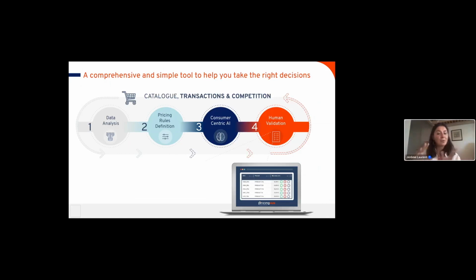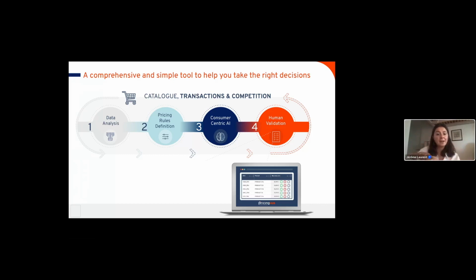So this is how Pricing Hub works. We've created a very comprehensive and simple tool to help you take the right decision. We use data from your catalog, transactions, and competition, and we analyze it for you. Then the second step is that we define together the pricing rules and constraints that you'd like to follow for your automation.